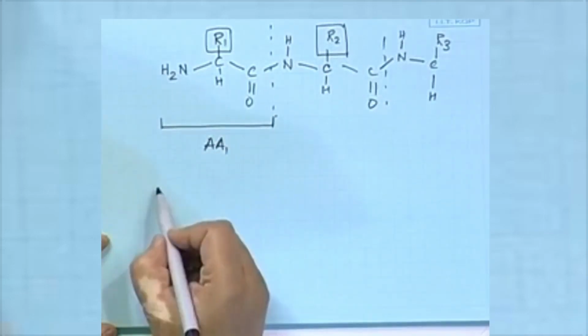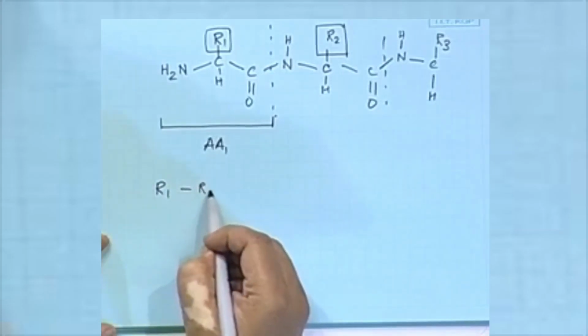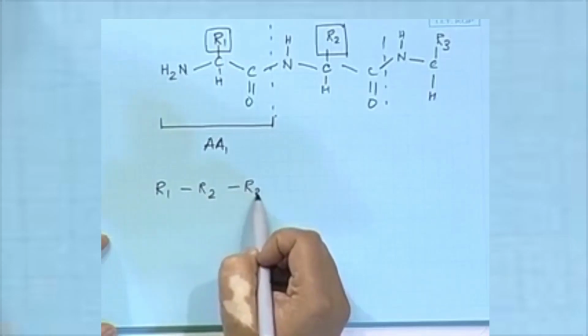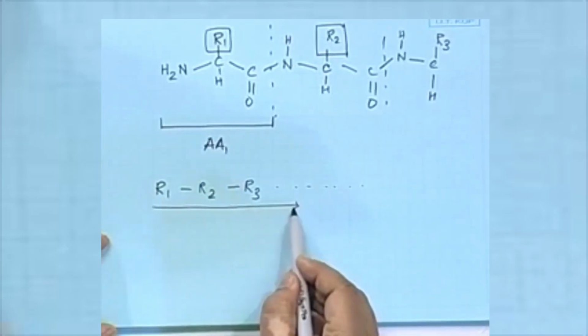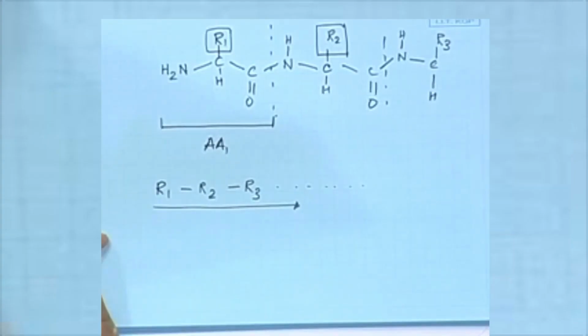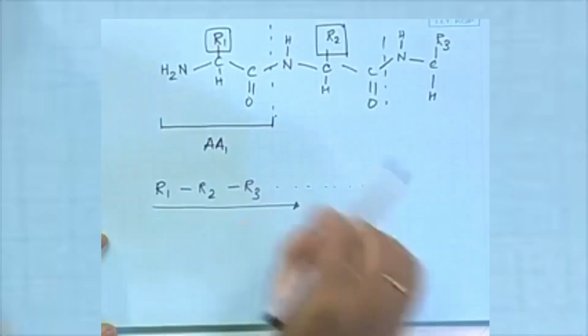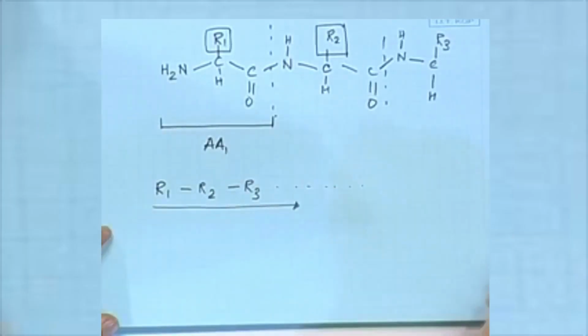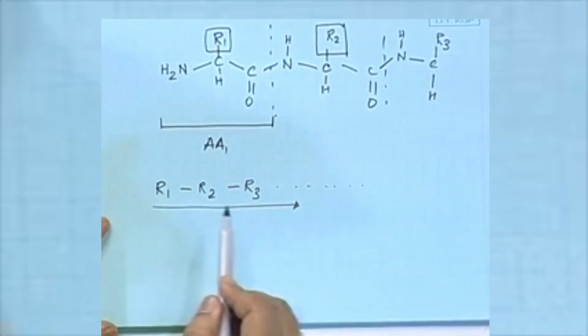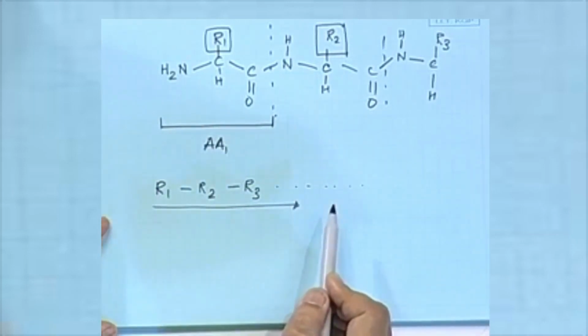First you know what R1 is, then R2, then R3, and then you can keep on going till you come to the end of your chain. So what is this giving you? It is giving you the amino acid sequence of the protein. It is not just telling you how many of each there are, but in which order they are linked.